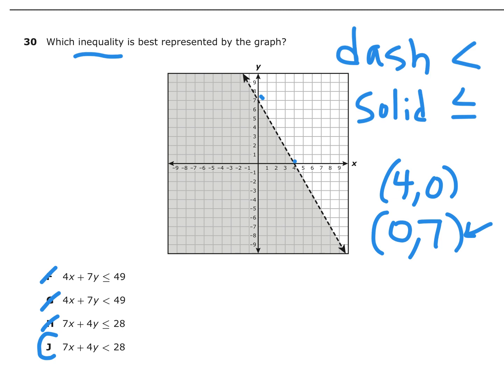And if x is 0, y is 7, so that works. You can also graph this on your calculator and make sure it looks like this one, and it crosses at 4. It crosses the y-axis at 7. And so 0, 7 is your y-intercept, and 4, 0 is your x-intercept. So the answer has to be J.